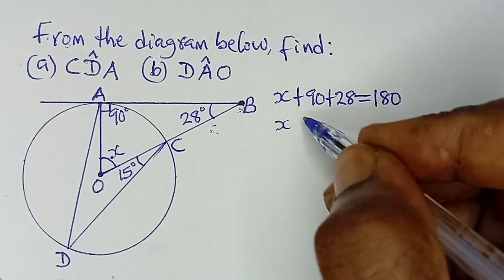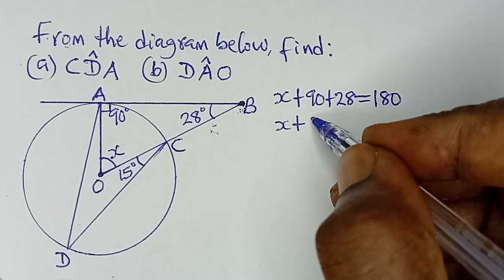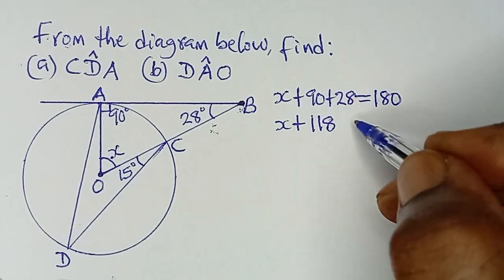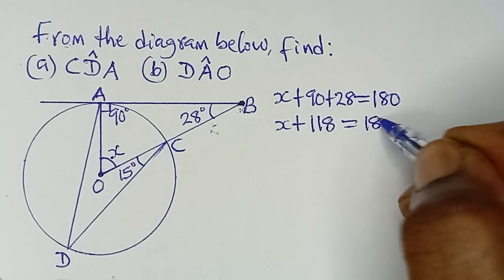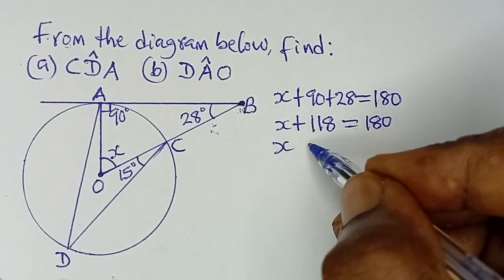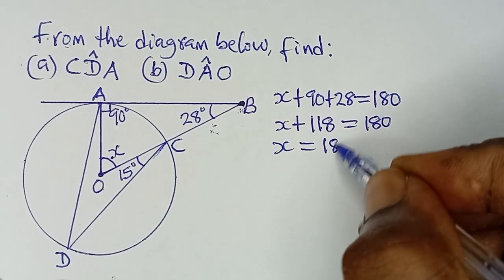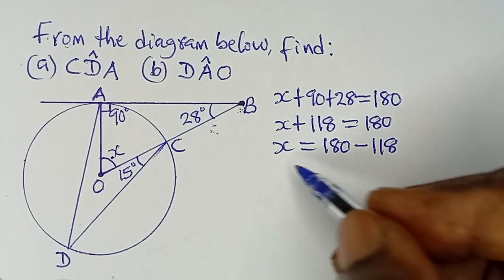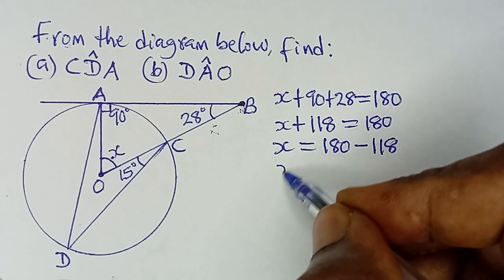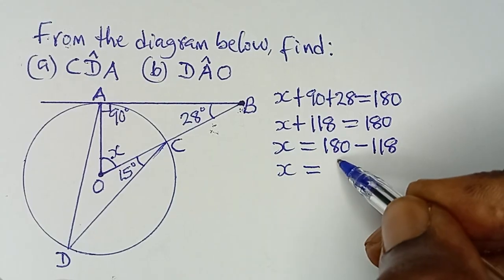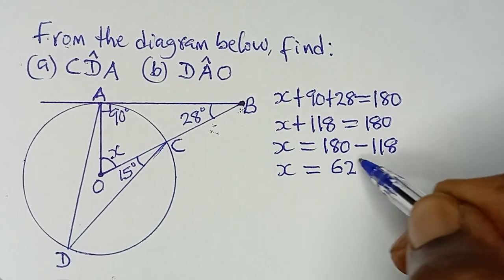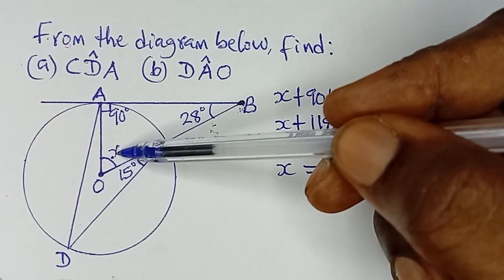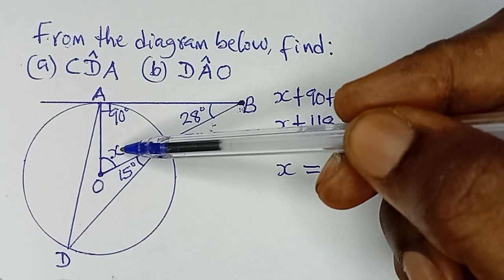So X plus 118, since 90 plus 28 is 118, is equal to 180. And from there X is equal to 180 minus 118, and that will simply give us X as 62 degrees. So that means this center angle is equal to 62 degrees.